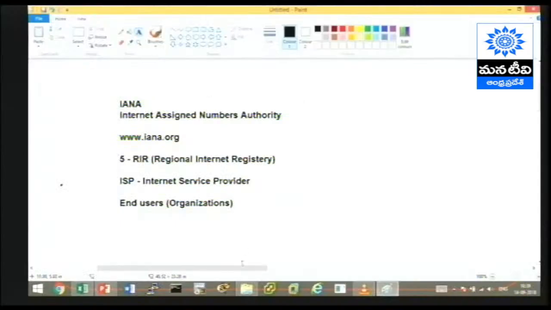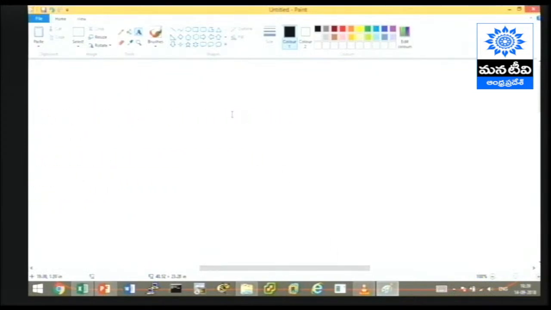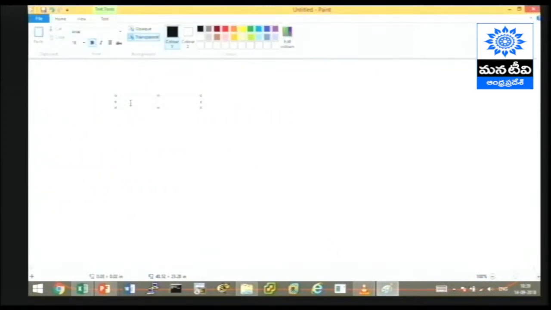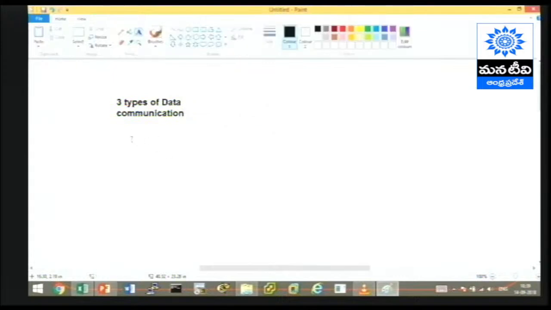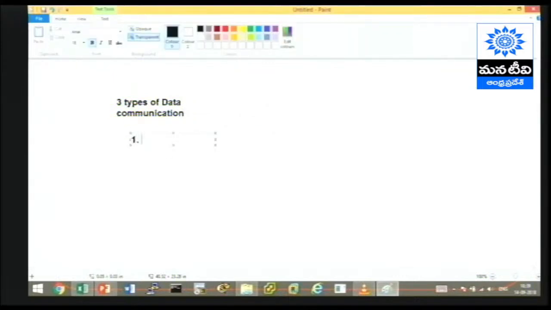Before we discuss broadcast, we have to discuss the 3 different types of data communication. These are unicast, multicast, and broadcast.